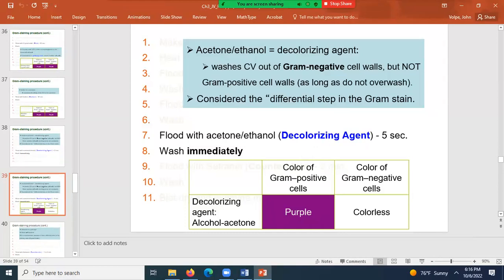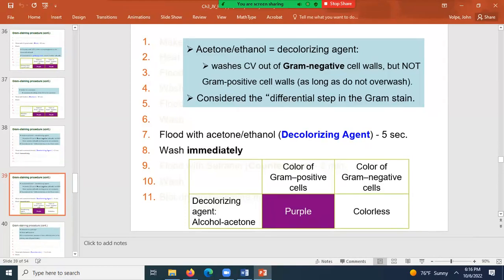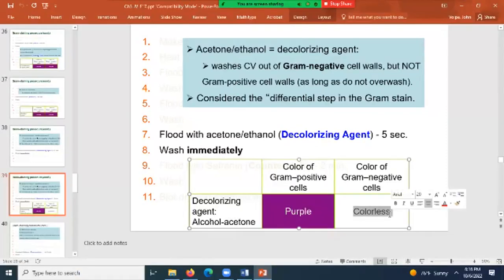All right, after the decolorizing step, we can now see a difference between the gram-positive cells, which will stain a purple color, and the gram-negative cells, which will stain colorless, meaning the crystal violet iodine, which forms a complex, has been washed out of the cells.